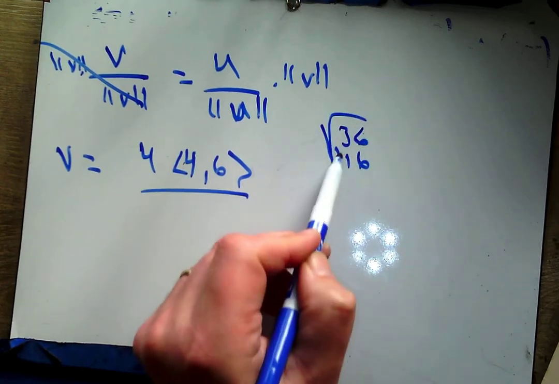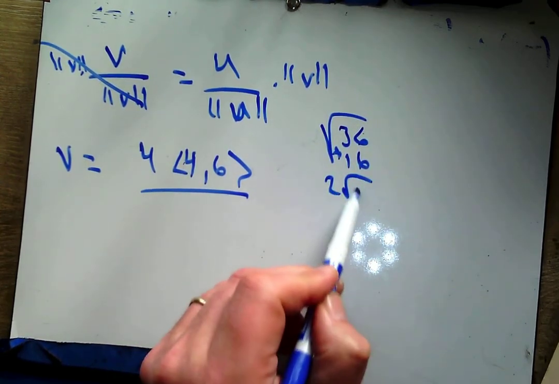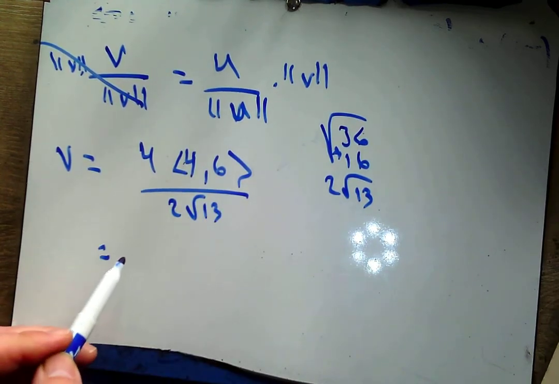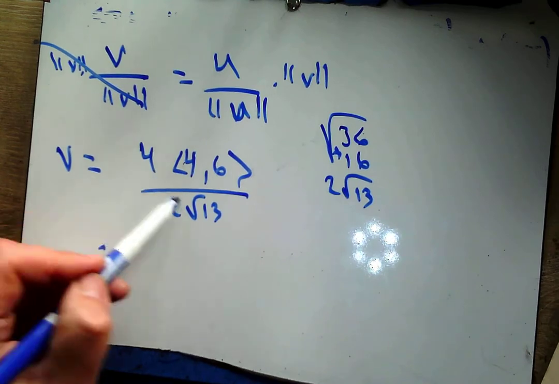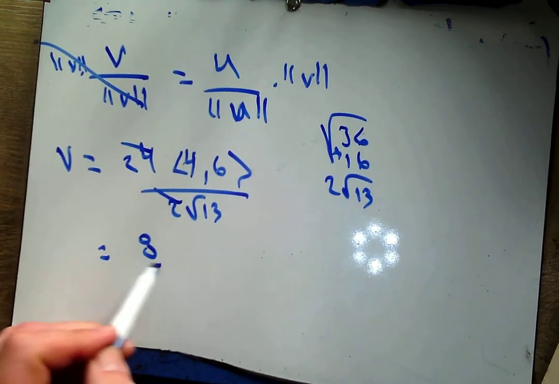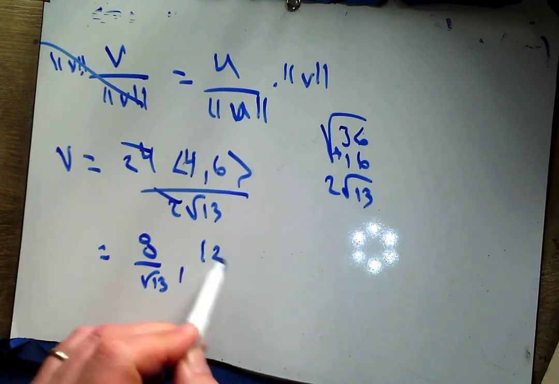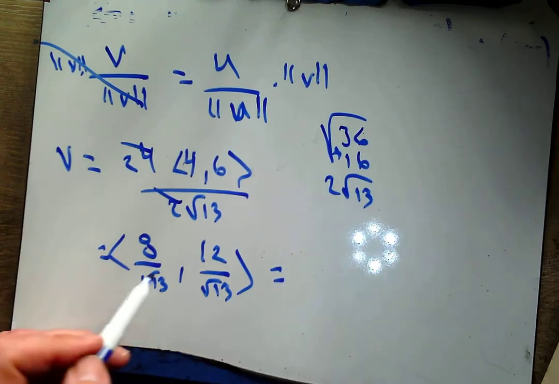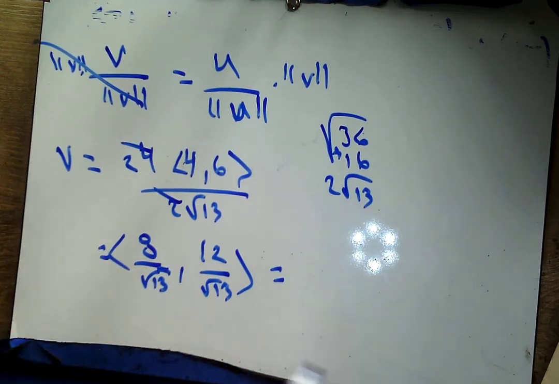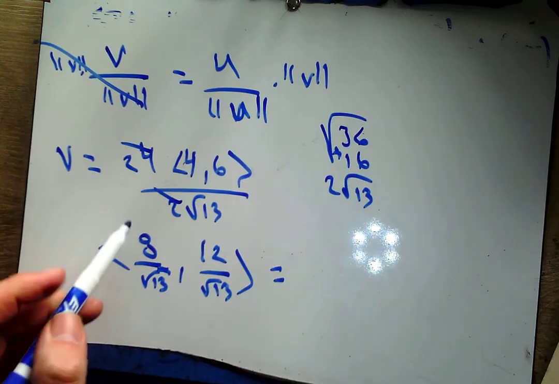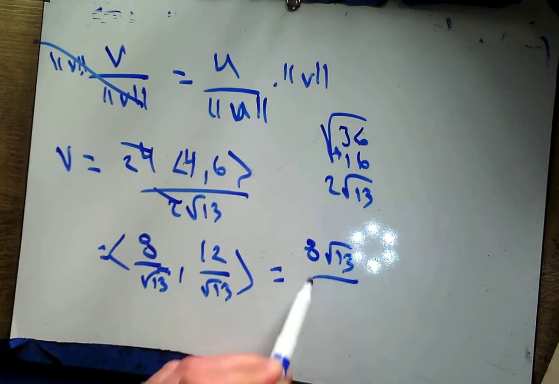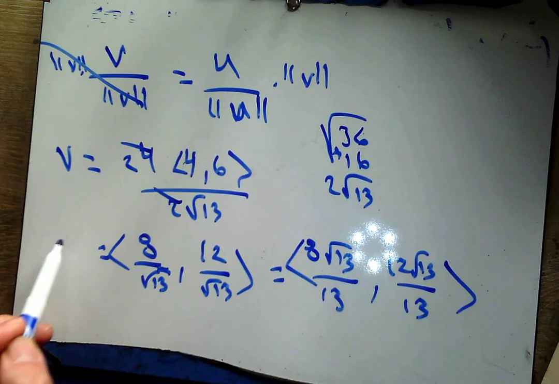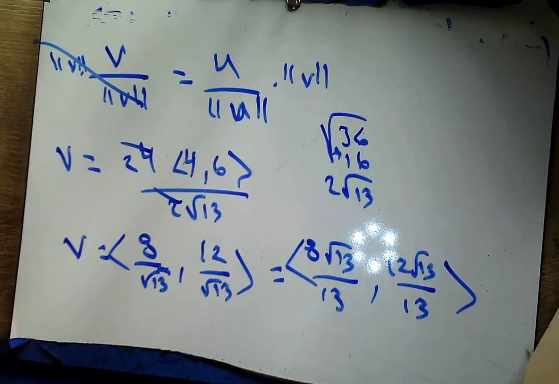It looks like the square root of 52, which is 2 root 13. So 2 root 13. Well, I guess I can take this a little further, do some canceling. I'm going to have 8 over root 13, comma, 12 over root 13. And for those of you who like to rationalize, let's rationalize this to 8 root 13 over 13 and 12 root 13 over 13. And there's v. That seemed pretty straightforward.